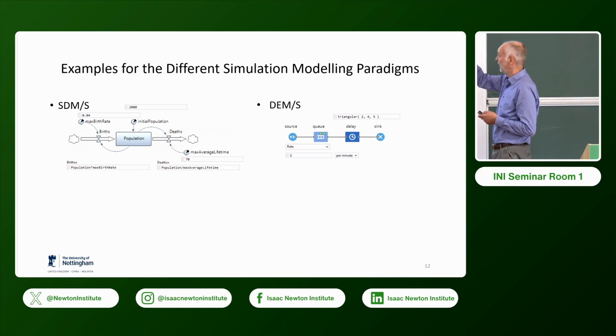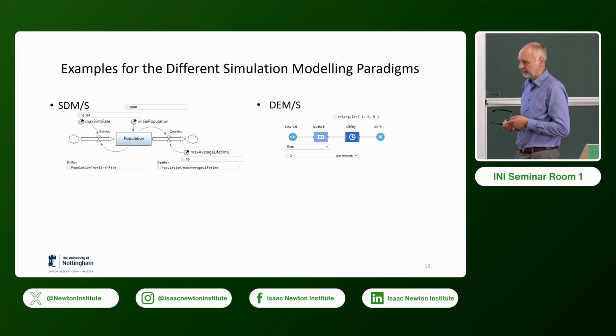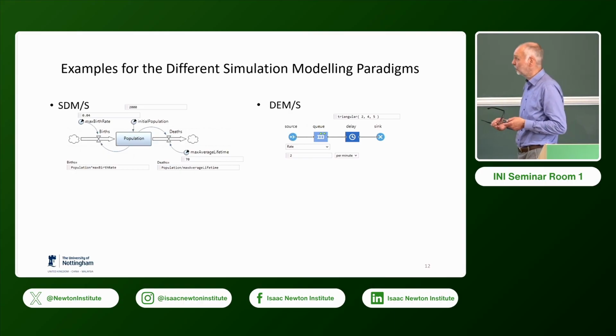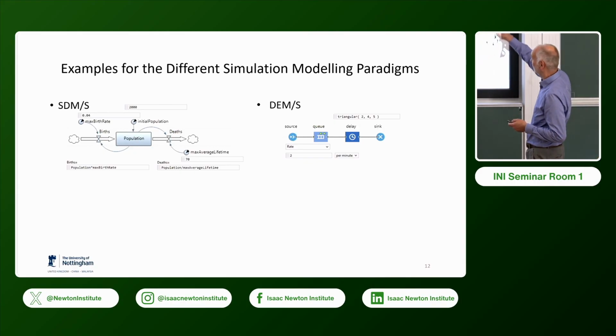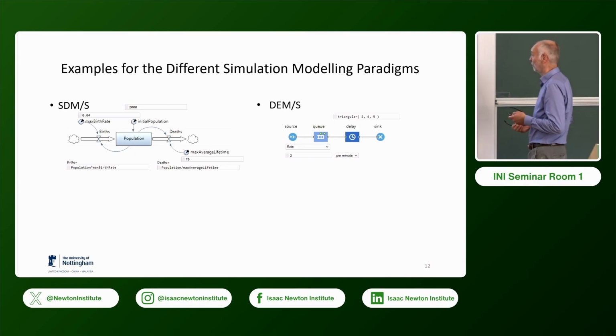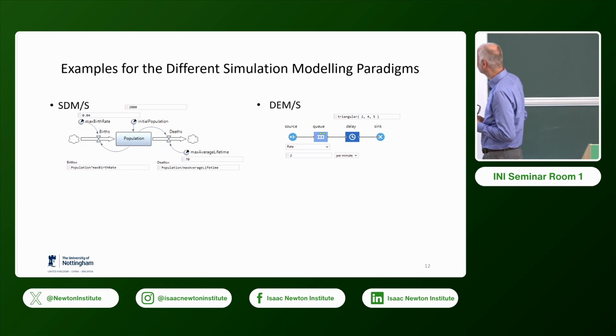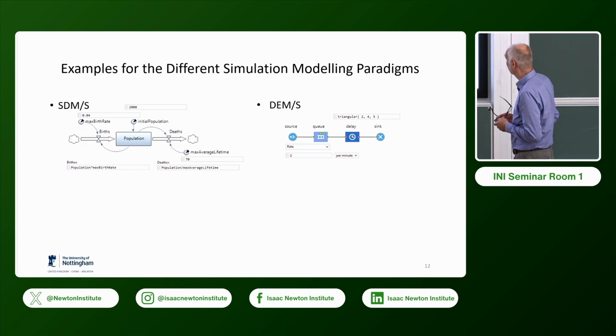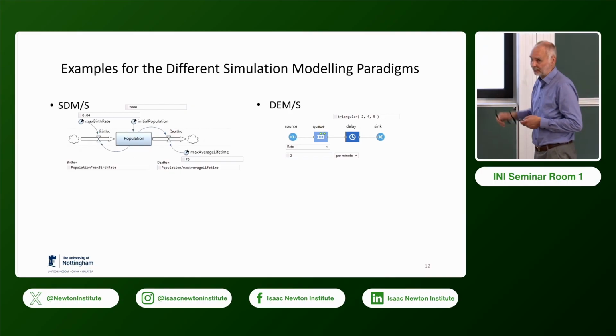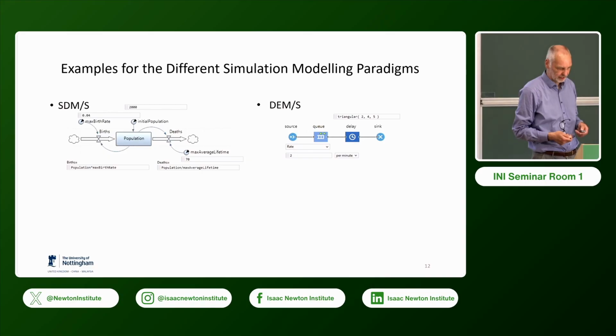We have a queue there, a delay, which can be the cashier getting the money from you, and then you're leaving. You can see there, I'm using a triangular distribution to actually model the delay. So I get some stochasticity in the model.